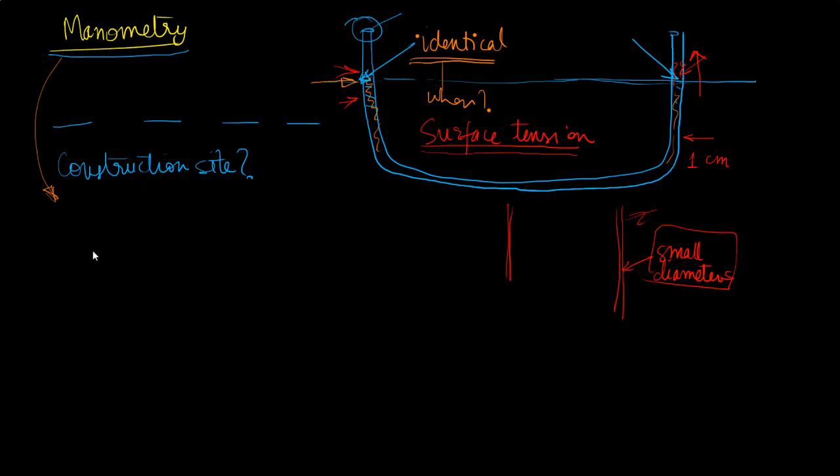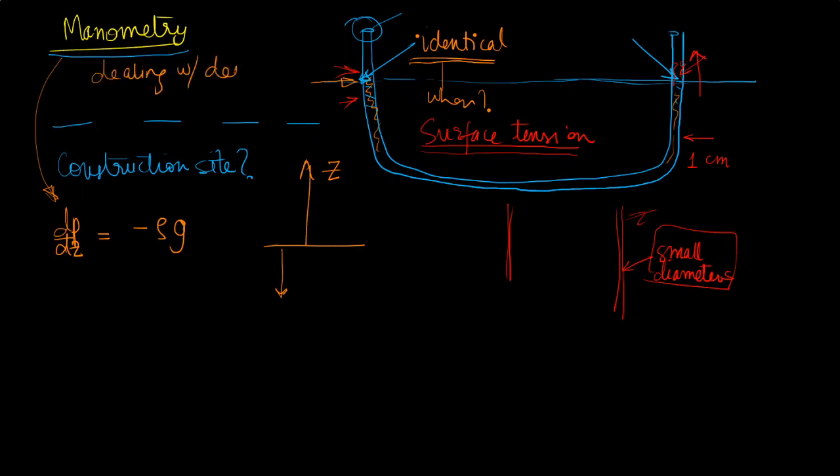So let us see how we can derive the equation of manometry. We had dp/dz equal to minus rho g, where z is the coordinate system pointing up. Now, because we are dealing with depth in manometry, let us change the coordinate system.